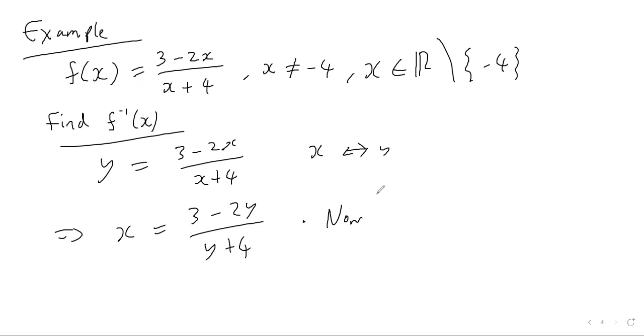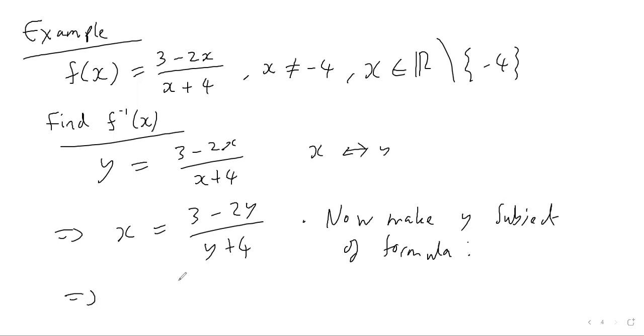Let's multiply both sides of the equation by the denominator. We get x times y plus 4 is equal to 3 minus 2y.